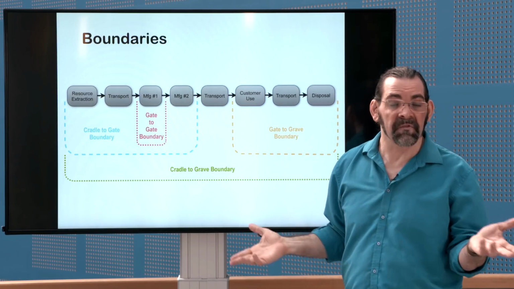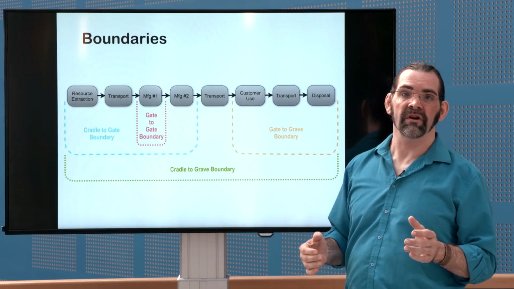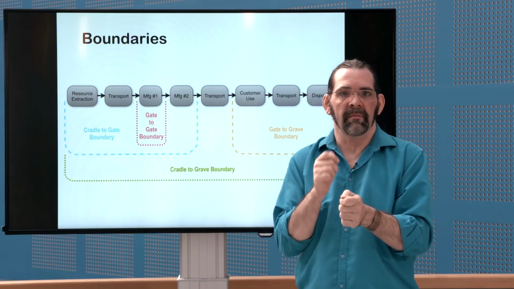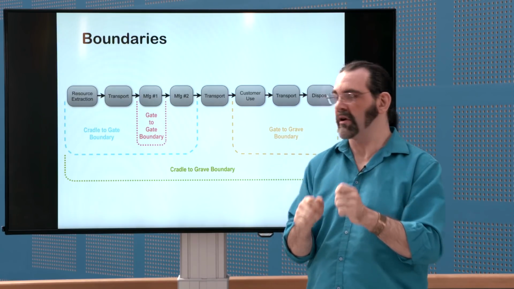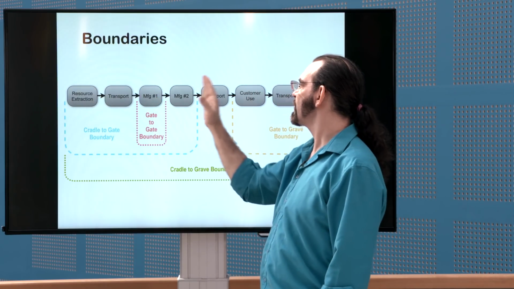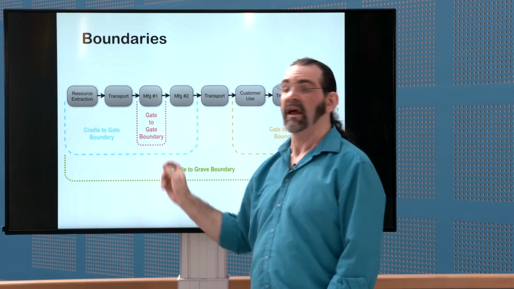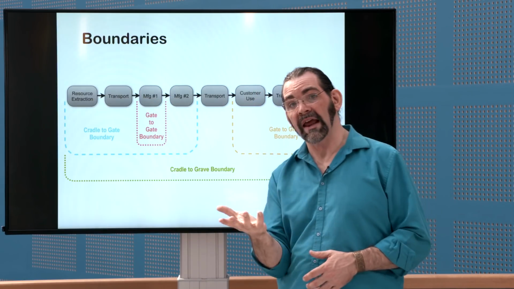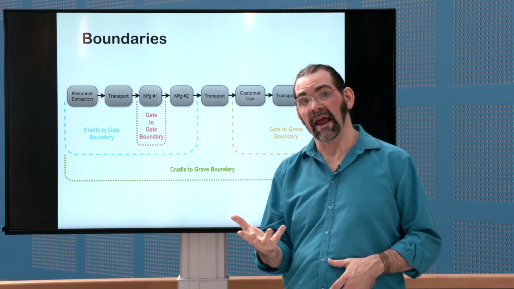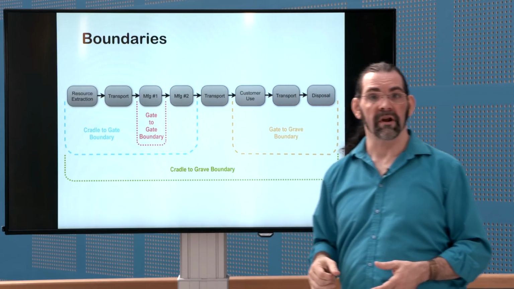But sometimes you don't need to do all of that, particularly if you're doing just a shorter, quicker, more limited LCA to make a very easy decision. You might just do a cradle to gate boundary from raw material extraction to when it leaves the factory, or even just a gate to gate if you're just comparing material A versus material B, or comparing manufacturing method A to manufacturing method B. That would be a gate to gate boundary.